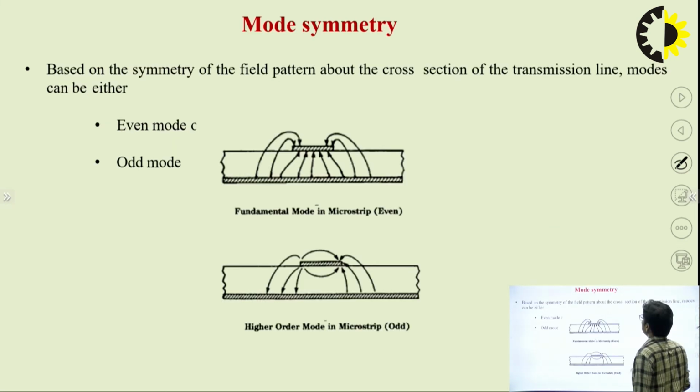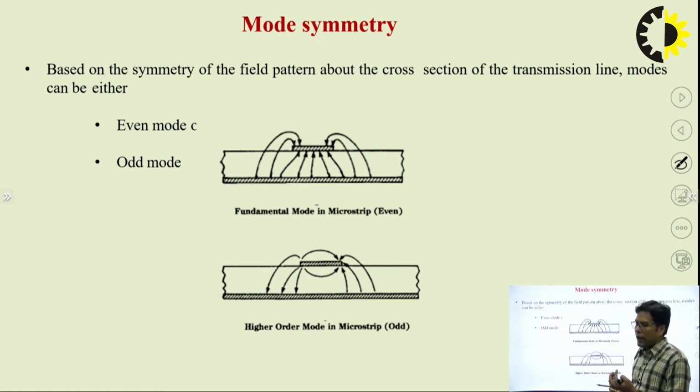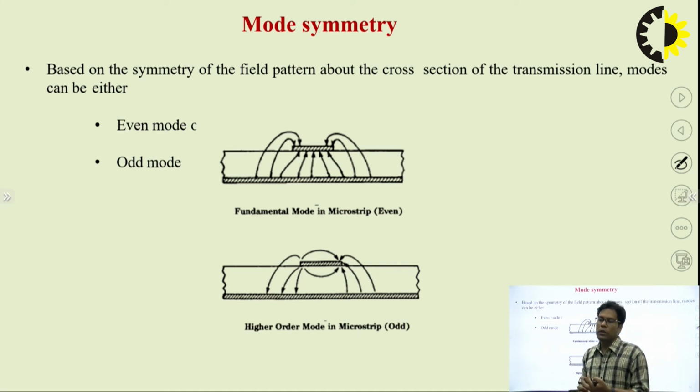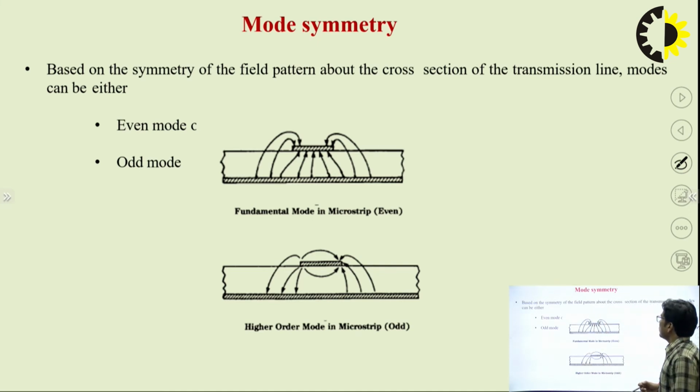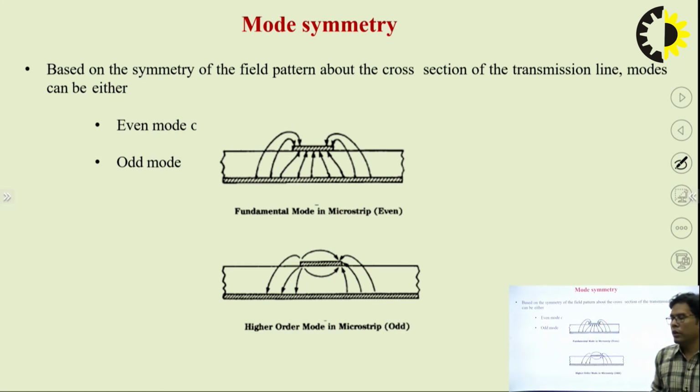Next one is the mode symmetry. Various kinds of modes we can have: TE mode, TM mode, as we discussed in the first or second slide. So a microstrip line has the fundamental mode or higher order mode as well.